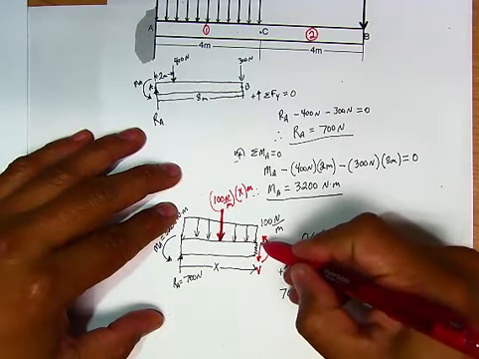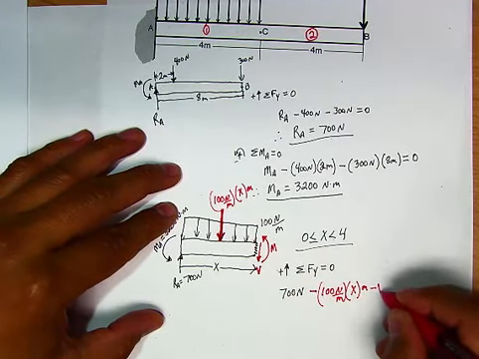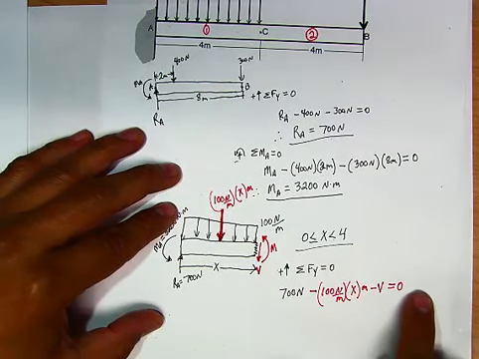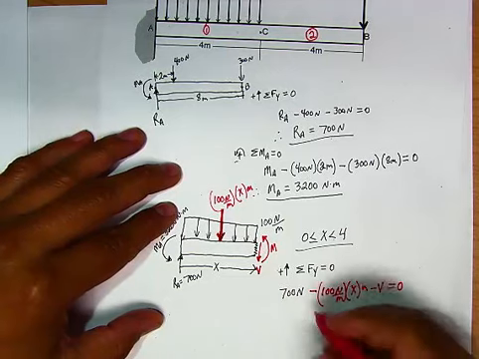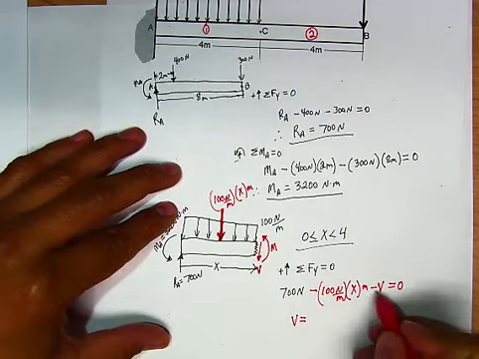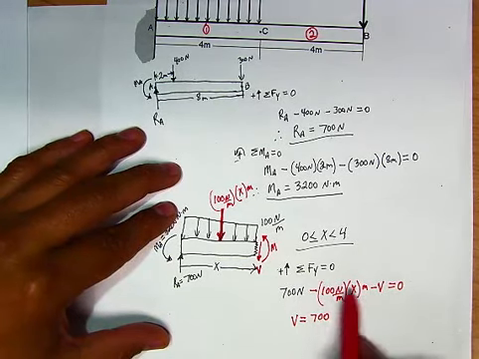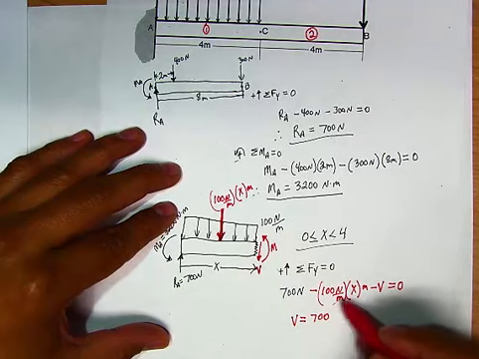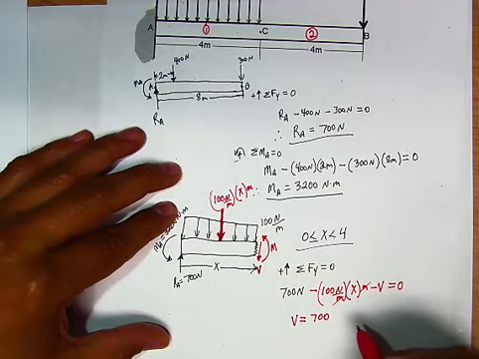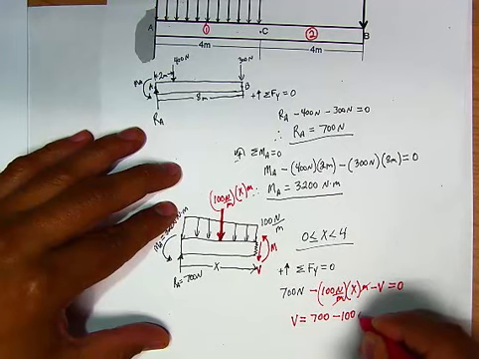And then our last one will be our V, our shear, which is also facing down. So minus V must be equal to 0. If we put our V on the right side of the equation, it becomes positive. And therefore, that will give us our equation for shear. V equals 700, and since the meters right here simplify, or as most of you call it, they cancel each other, this will be negative 100x.